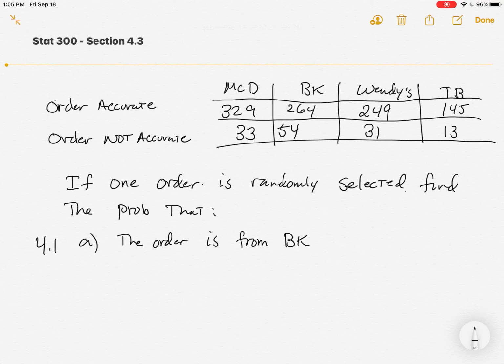And what we have is a 4.1 problem. That's a 4.1. One person being selected, no problem whatsoever. We can handle that. How many orders are from Burger King?